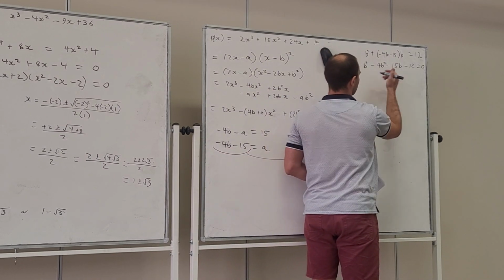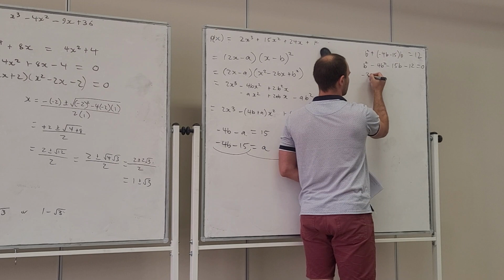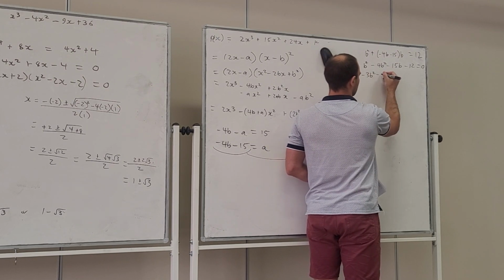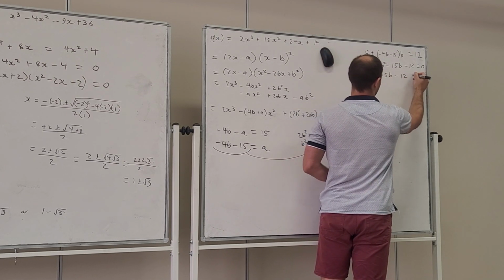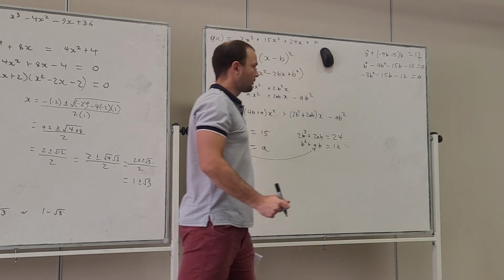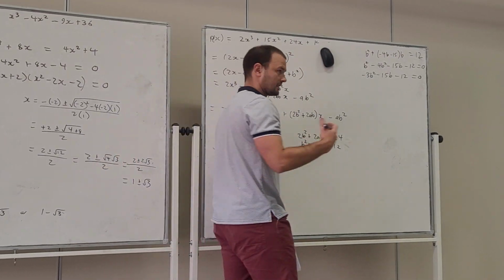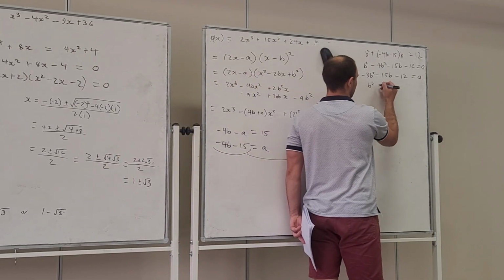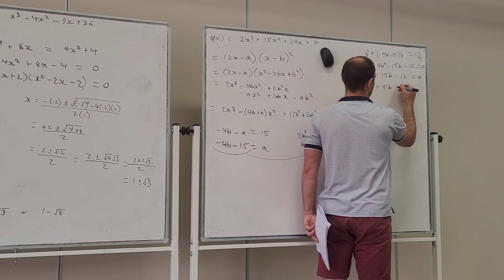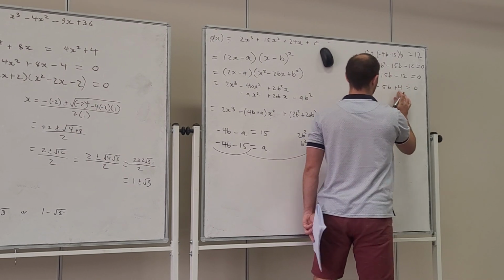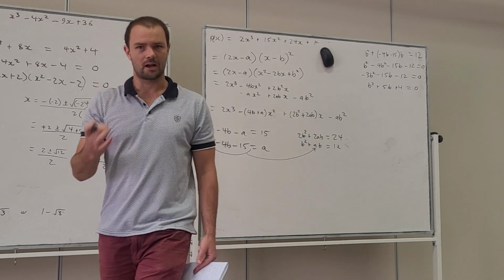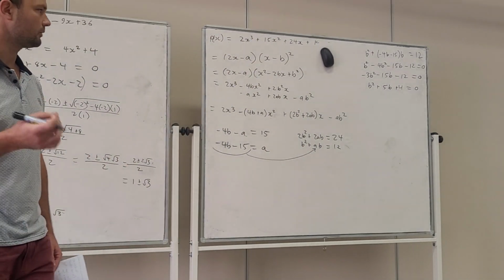Okay, here we go. b squared, take 4b squared. So that gives us minus 3b squared, take 15b, take 12. Alright, we can divide through by minus 3. That's going to simplify that a fair bit. So we'll have b squared plus 5b plus 4. And then we can factorize that to identify the potential values of b.